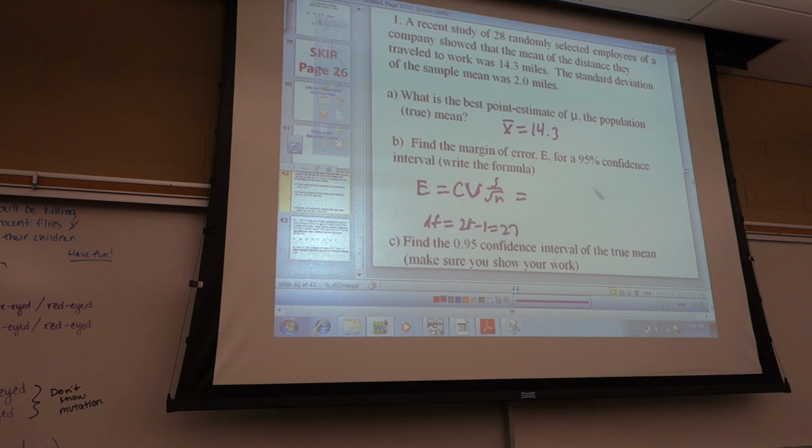So what do you get for critical value? 0.052 times S, which is 2 over square root of n.